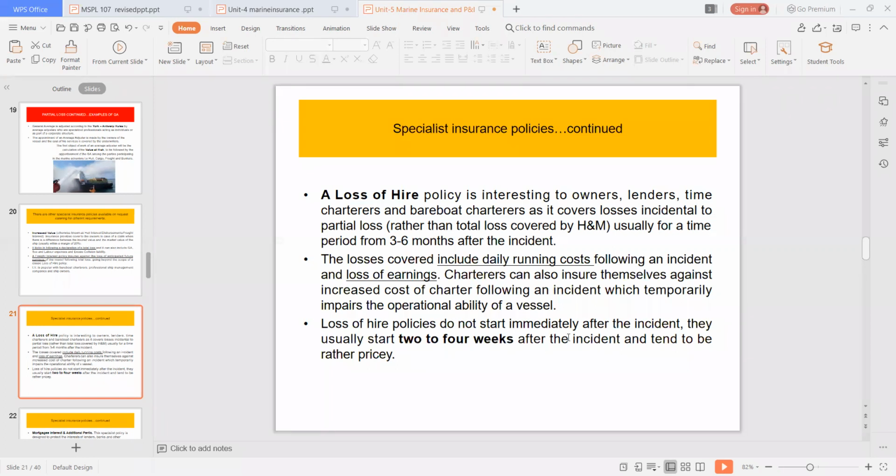Loss of hire policies do not start immediately after the incident. They usually start 2 to 4 weeks after the incident and tend to be rather pricey. Okay, so increased value, loss of hire policy.